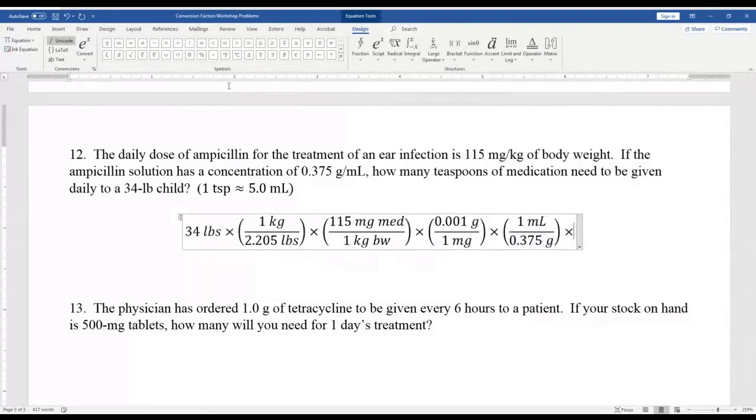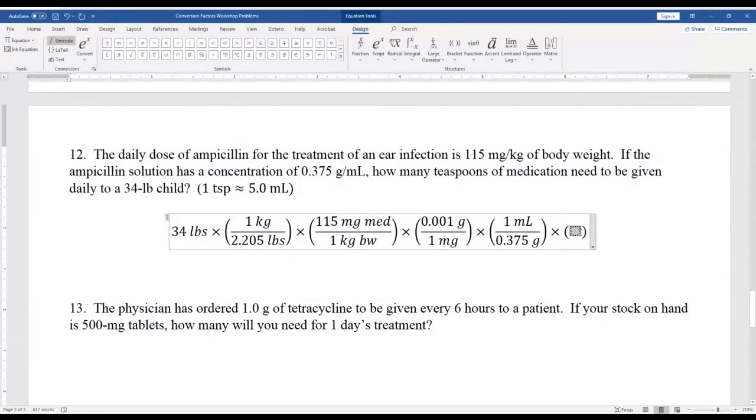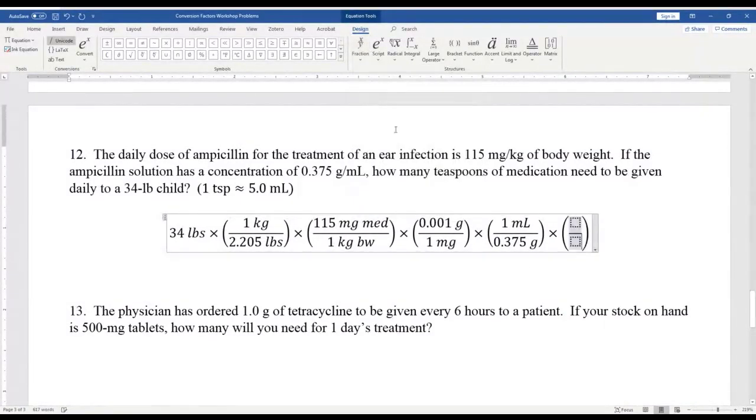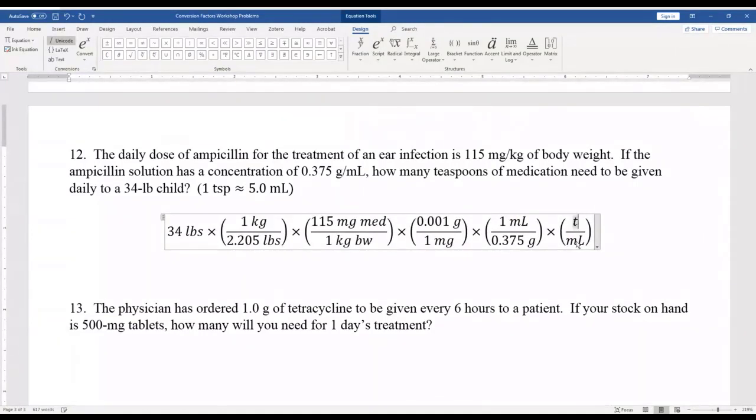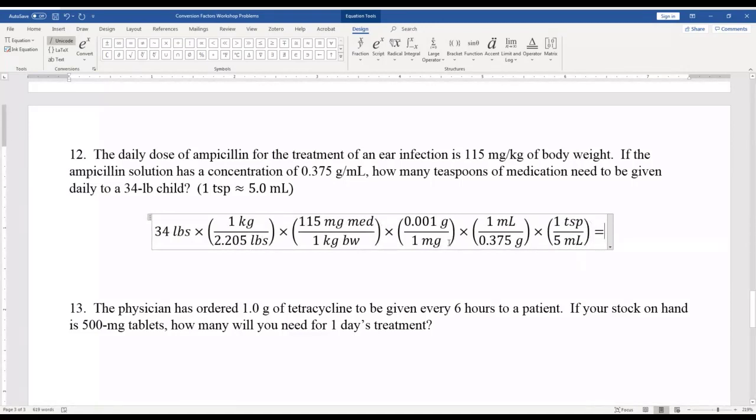And then from milliliters, we can convert to teaspoons. 5 milliliters is 1 teaspoon. And this actually technically is 5.0 milliliters.